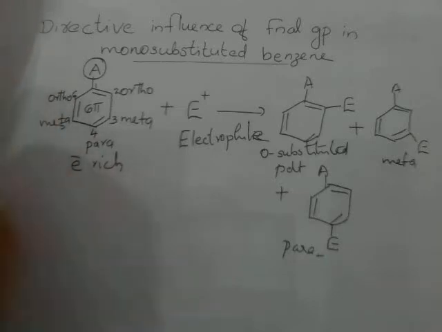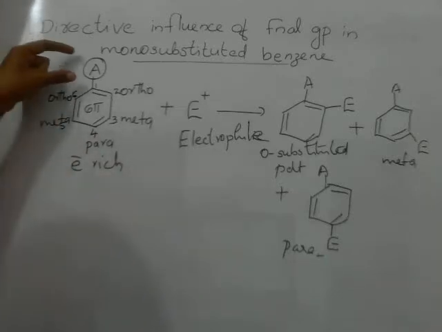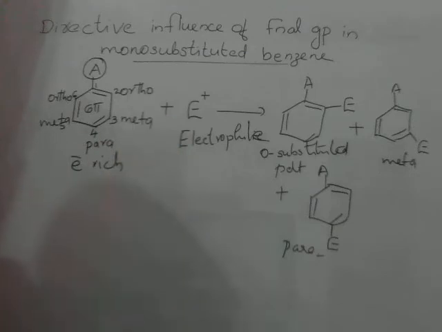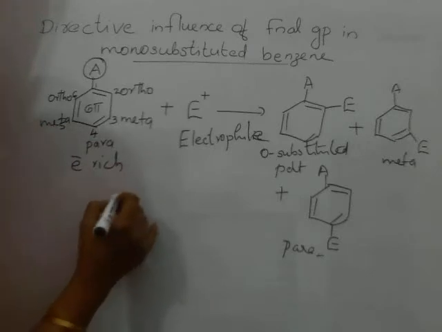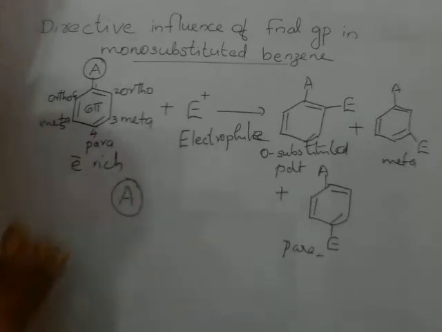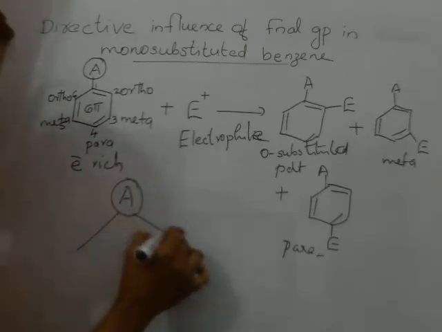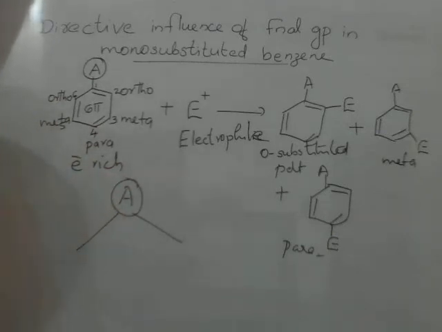So depending upon the nature of A, towards this substitution reaction, 2 types of behavior are observed. We have substituents, here written as A. There are 2 types.